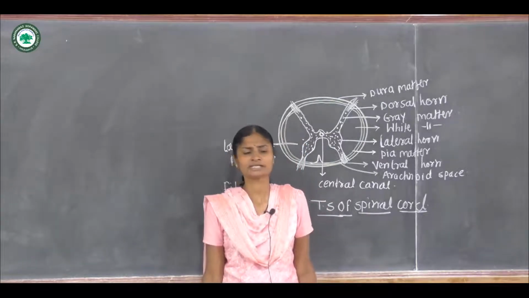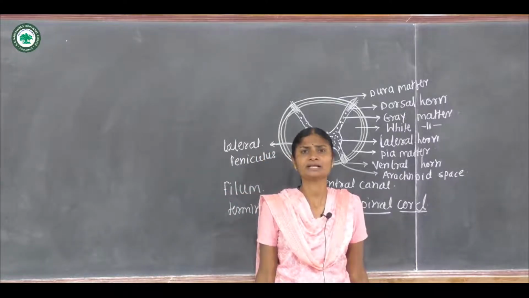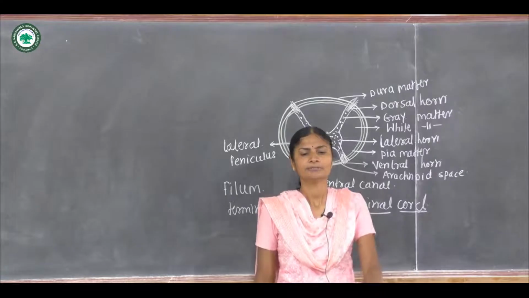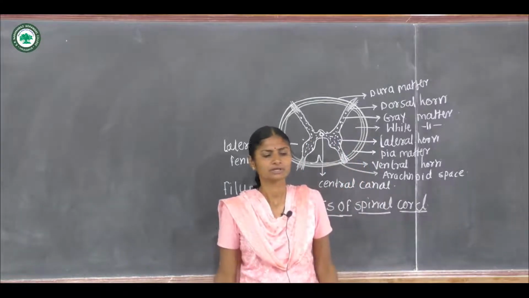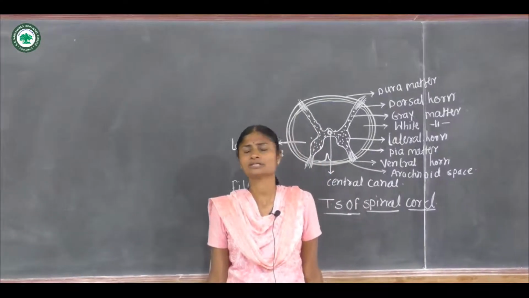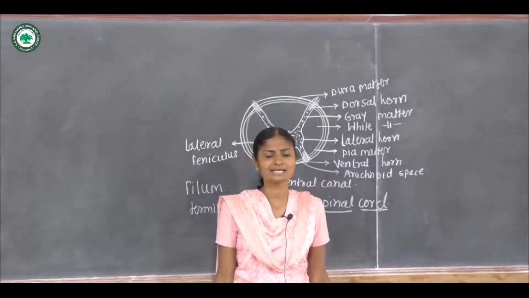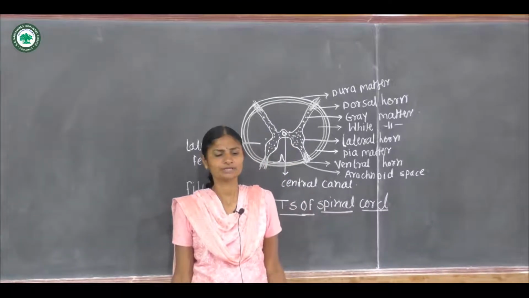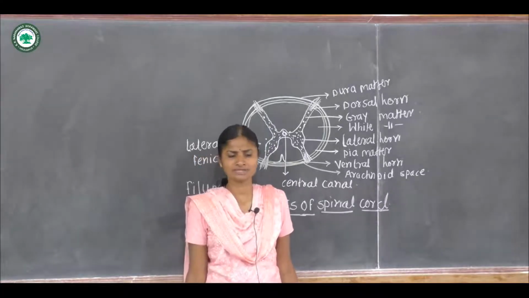Mid-ventrally along its length there is a similar groove called the ventral median fissure. Along its length, at the level of forelimbs and hind limbs, the spinal cord shows swelling.